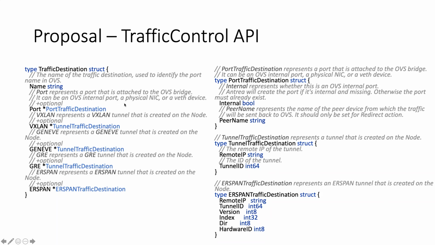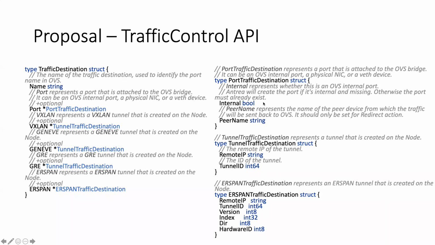And the port can also be a physical NIC or a veth if the application is running in another network namespace. So for the traffic destination of port kind, we have two attributes.